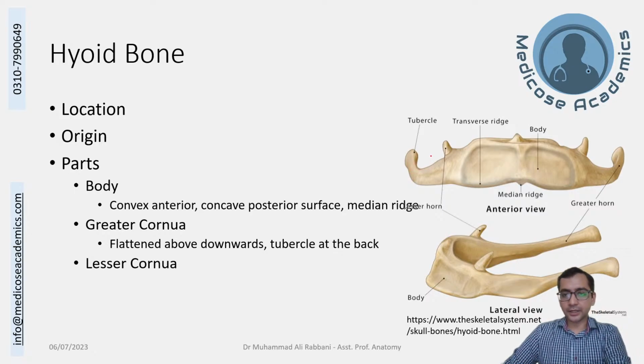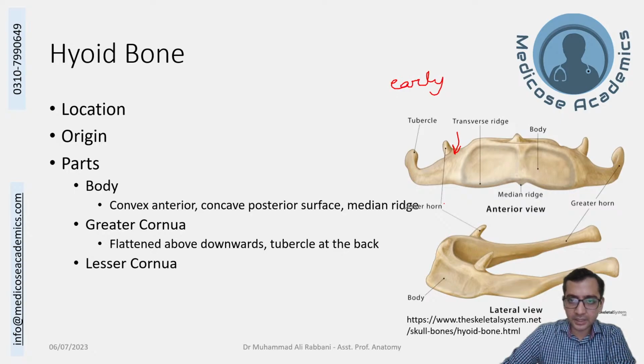Another thing to remember from the exam point of view is that the body and the horn are joined by a fibrous joint in early age, before middle age. They are not a single bone.